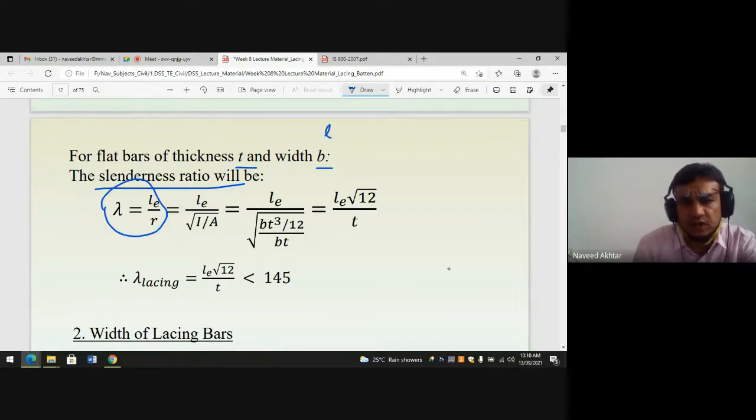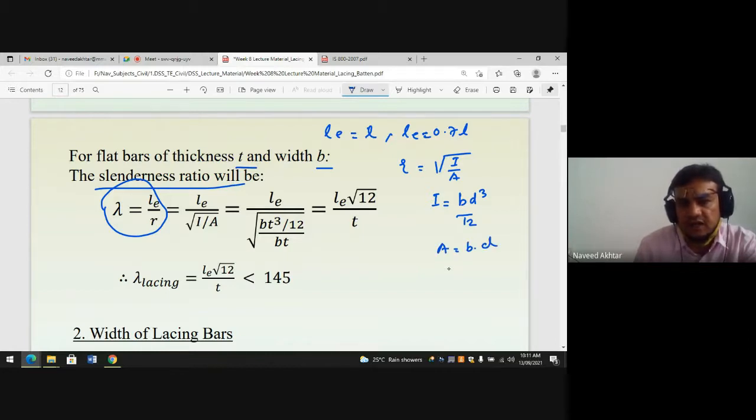Le we have found from above: if bolted, Le is equal to L. If welded or double lacing system is there, then Le is equal to 0.7 times L. So L we know, and r is nothing but under root of I upon A. If the flat bar is there, I is equal to b d cubed by 12, and A is nothing but b into d.